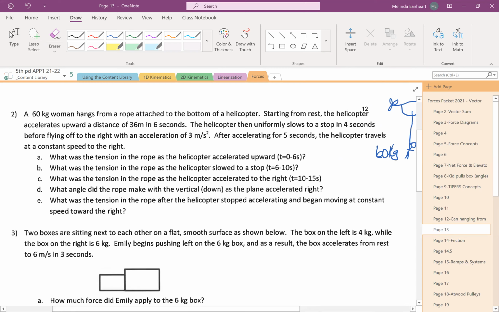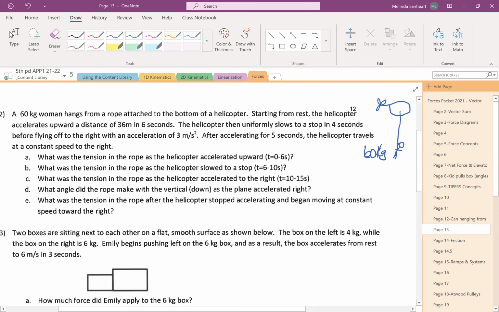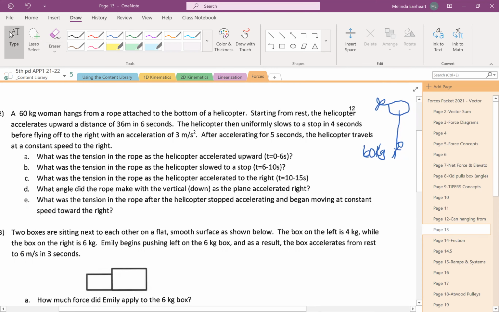So phase one is straight up, it speeds up and then it slows down, before flying off to the right with an acceleration of 3 meters per second squared. After accelerating for 5 seconds to the right, the helicopter travels at a constant speed to the right. We have 3 questions telling us to solve for tension. Is there a tension equation on the formula chart?